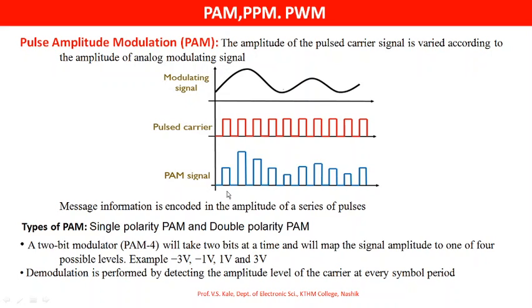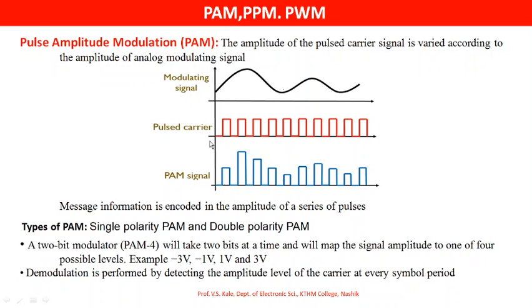Now see the figure. In the figure, the first signal is the modulating signal. It is a time varying signal. Amplitude is varying. There is increase in amplitude, decrease in amplitude, and the whole signal is above the reference line, that is positive.